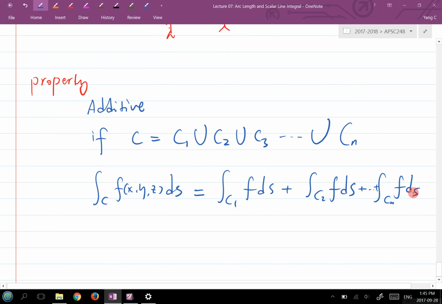That's basically the same idea as when you learned single scalar integrals, which is called piecewise integration, right? So that's additive.